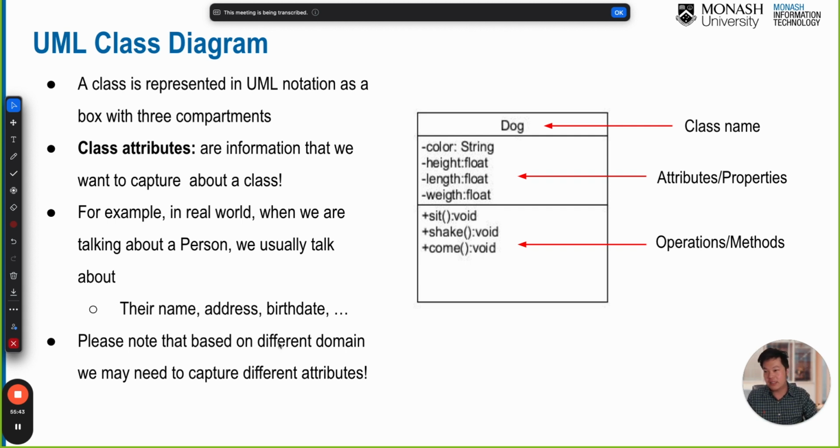The first one is the class name. The second one describes the data attributes or the properties, and the last one we describe the operations and the methods. All right, only 3, simple like that.